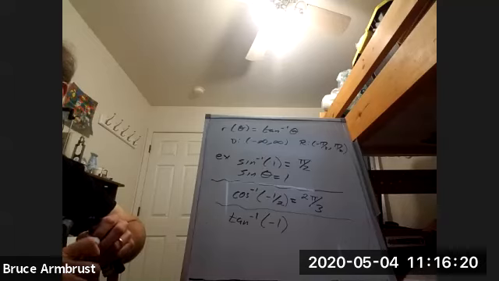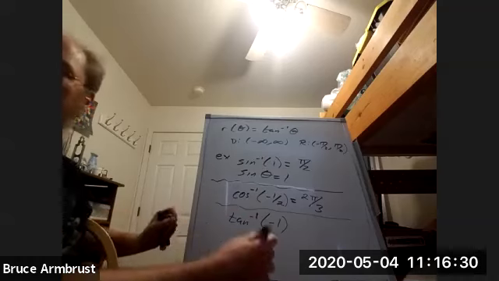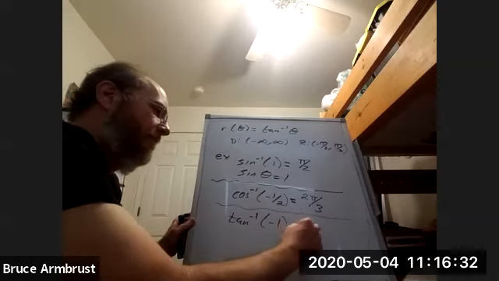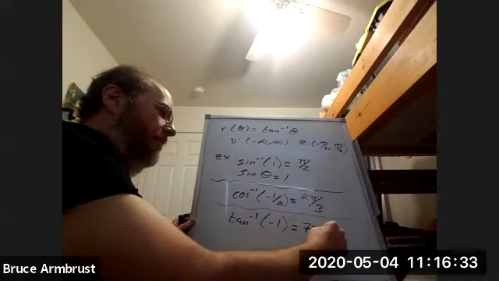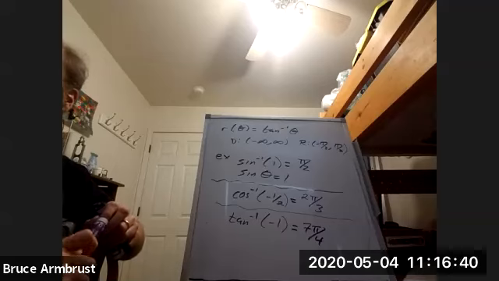All right, so Mariel just put 7 pi over 4. You guys good with that? Because that's definitely on our chart, right? 7 pi over 4 gives us a tangent of -1.